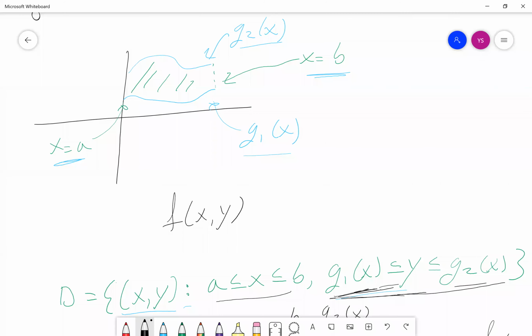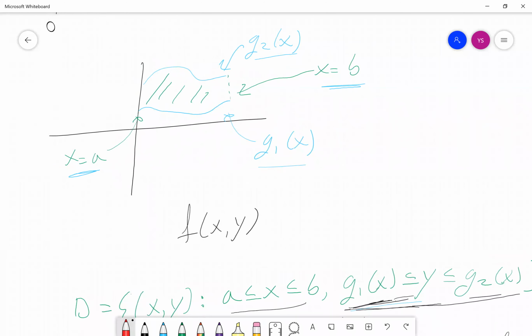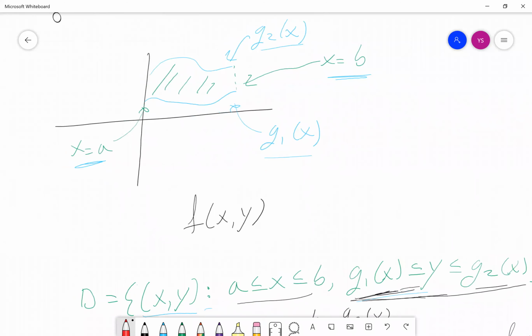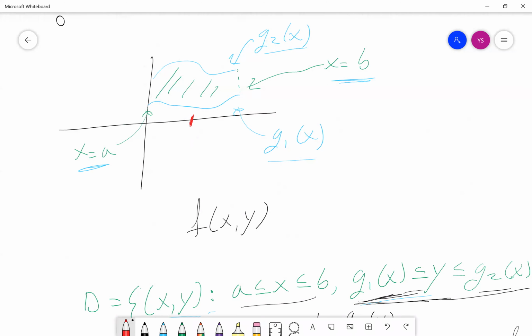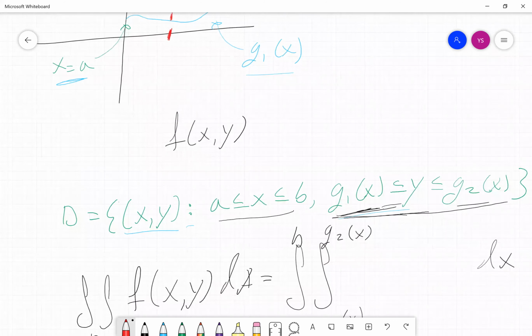And pictorially, what's going on is that you start at some fixed x, and then you take these integrals with respect to delta y. So this is a small delta y, here's another delta y, another one, right? And you take that integral by adding up these delta y's.